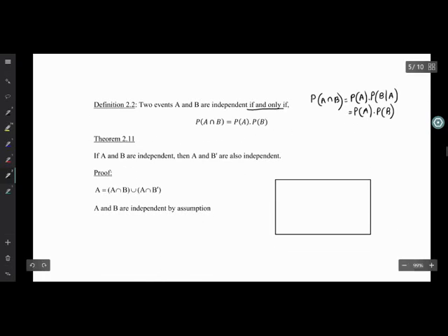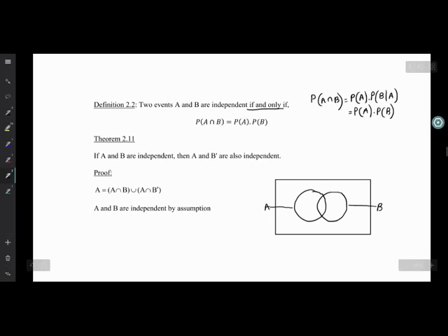Then we have the next theorem, theorem 2.11. If A and B are independent, then A and not B are also independent. Okay. Suppose this is A and B. You have to show that if A and B are independent, A and B prime are also independent.